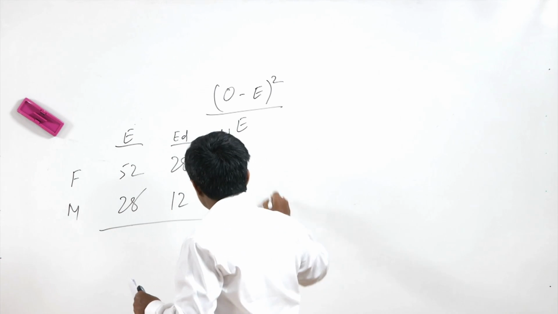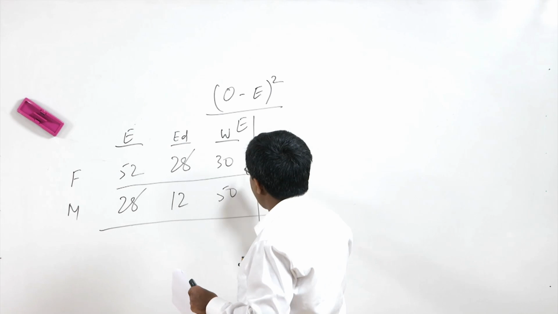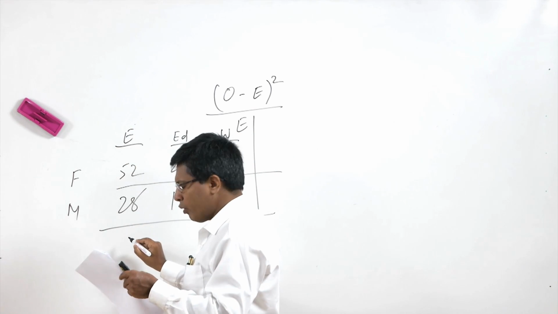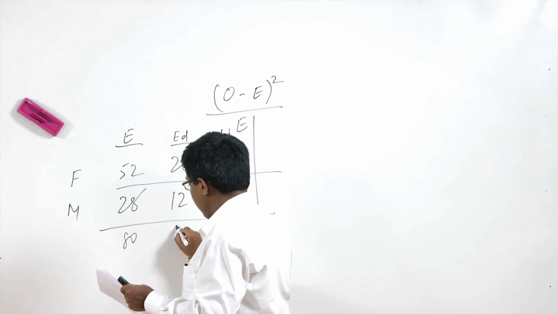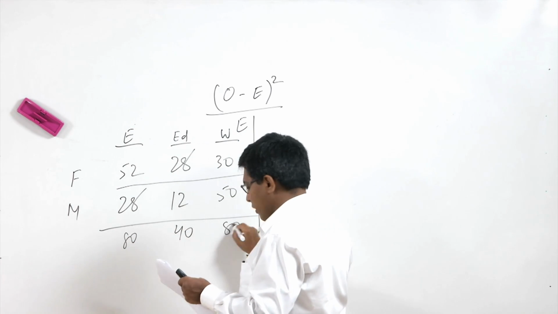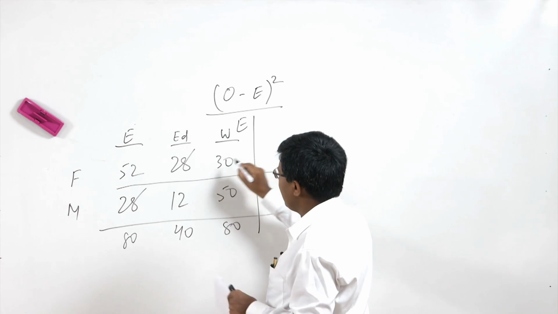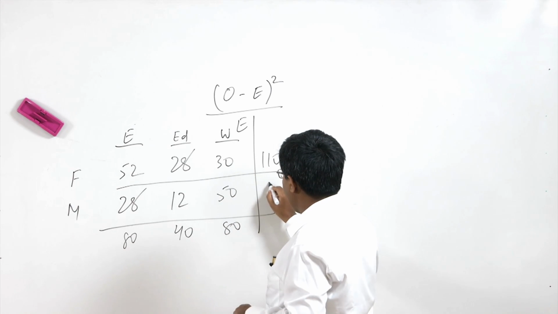In the first step, we have to find the column total and the row total. The column totals I have brought already: this is 40, this is 80, and on this side the row totals are 110 and 90.